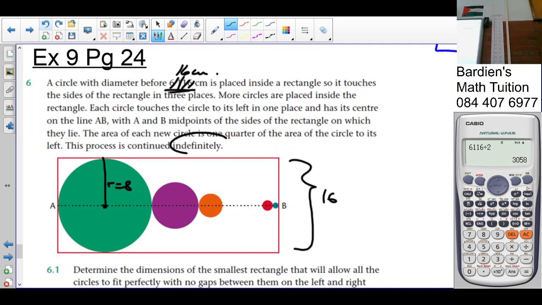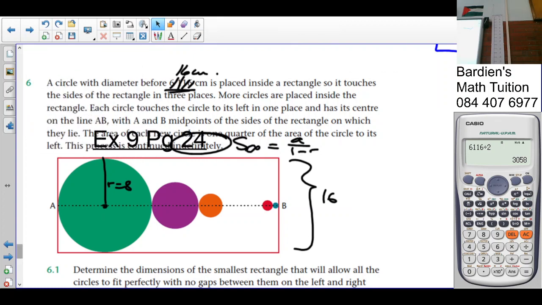Now, indefinitely, what does that remind us of? Sum to infinity. Not so? And what's the formula for the sum to infinity? A over 1 minus r. Okay. You will understand. So now we got what we need. So we move on.